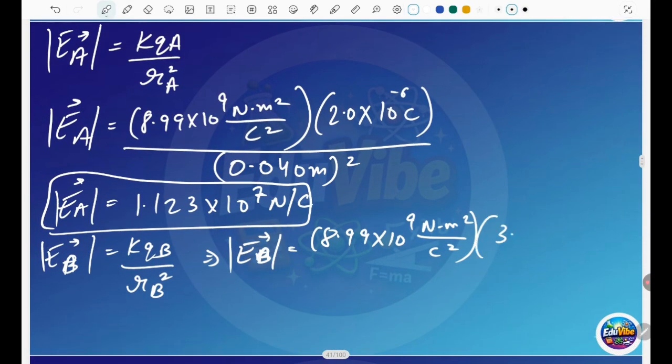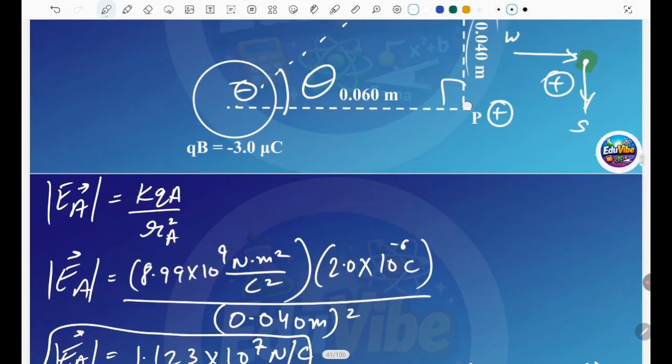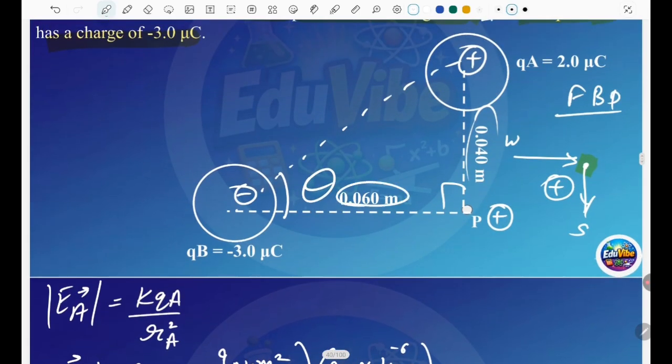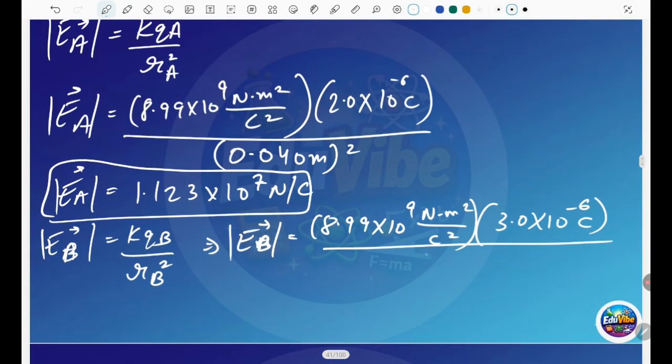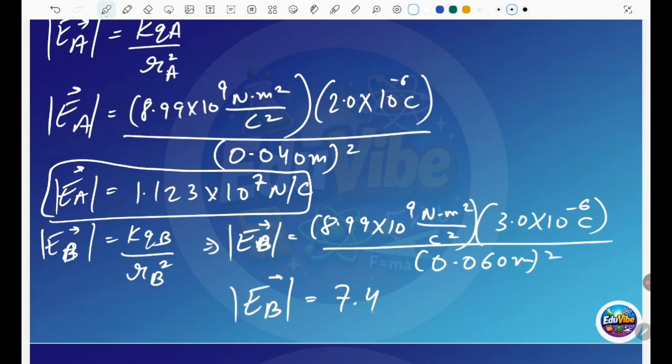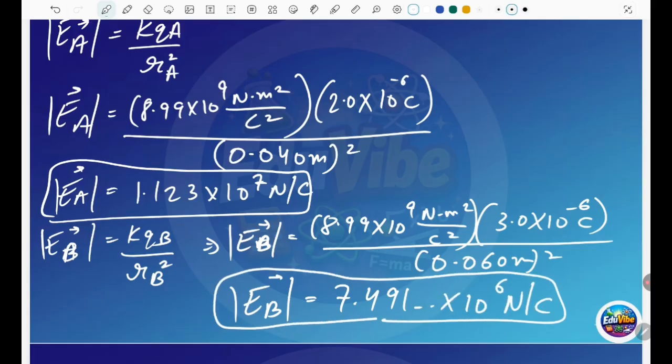Again micro charge of 10 raised to power minus 6. From this to this you have this r, which is 0.060 meters, squared. So you get EB of about 7.491 into 10 raised to power 6 Newton per coulomb when you solve this. This is your EA and this is your EB, both positive.